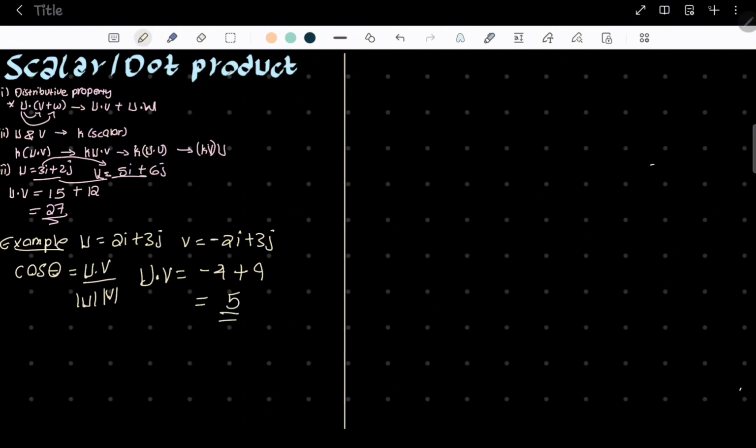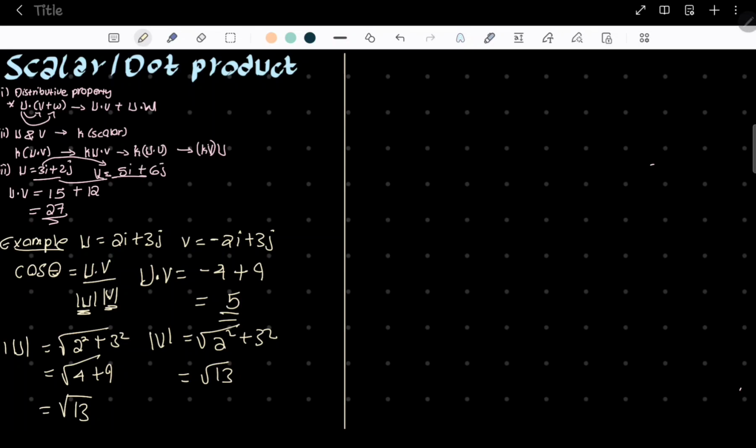So this is going to be our dot product. Then we will be plugging in the numbers, but first, here we're not given the magnitude, so let's quickly find the magnitude as well. So the magnitude of u is going to be the square root of 2 squared plus 3 squared, which is 4 plus 9, which is equal to root 13.